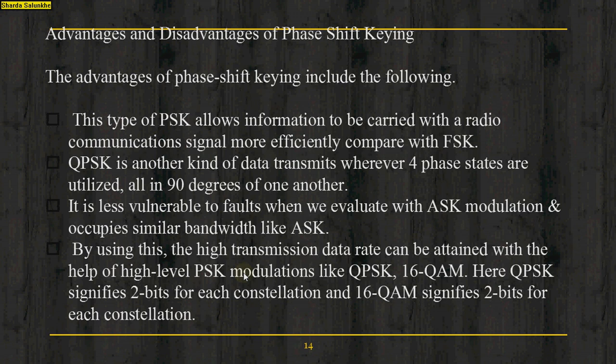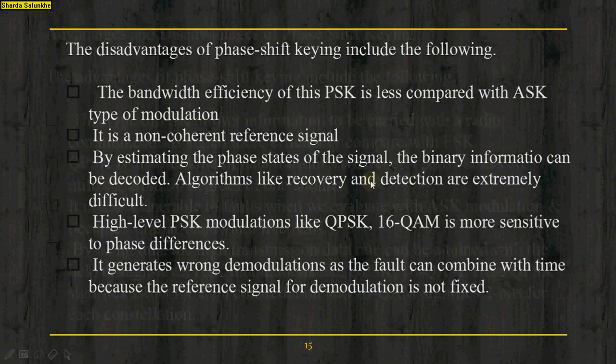It is less vulnerable to faults when we compare with ASK modulation and occupies a similar bandwidth to ASK. By using this, a high transmission data rate can be attained with the help of PSK modulation like QPSK and QAM. QPSK carries 2 bits for each constellation point, and the 16 QAM signifies 4 bits for each constellation point. So these are some advantages of the PSK system.